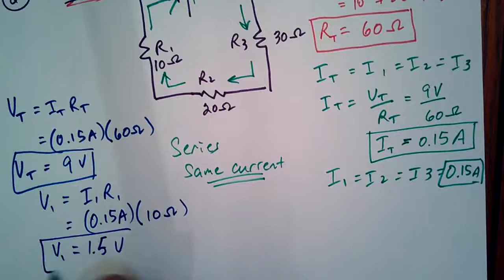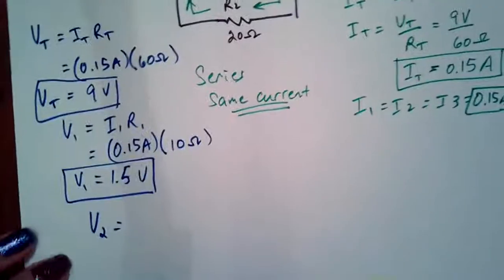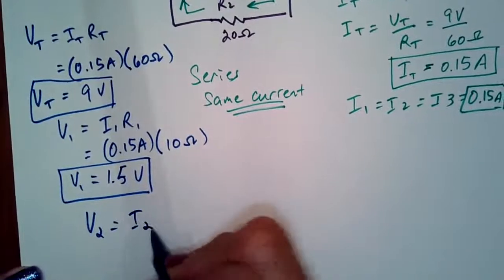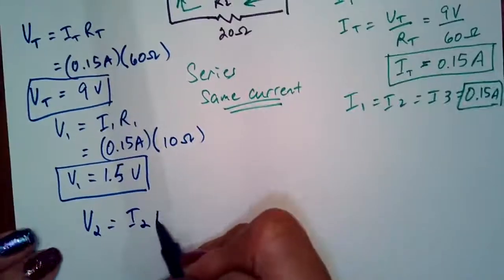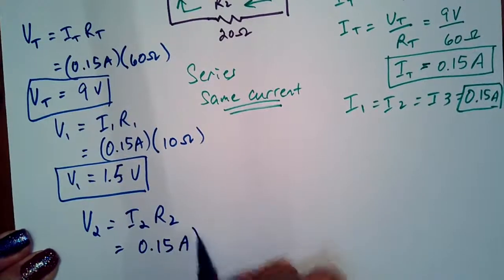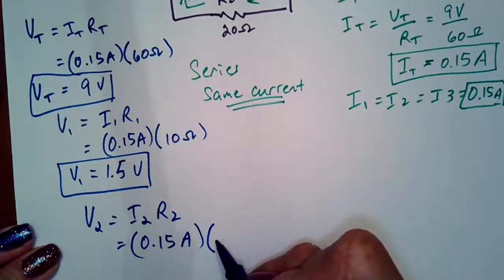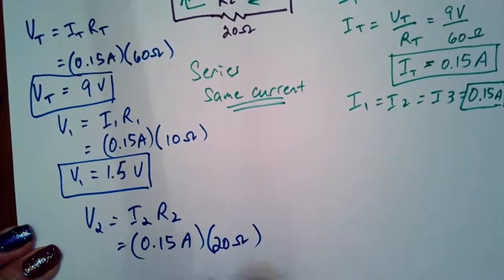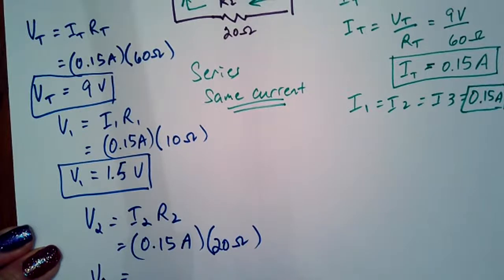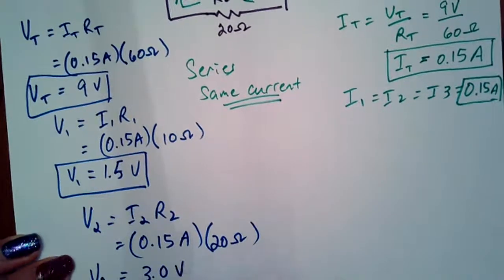This is our V1. And our V2 is going to be I2 times R2, which is, again, 0.15 amps. And the R2 is 20 ohms. So the V2 is 3 volts.